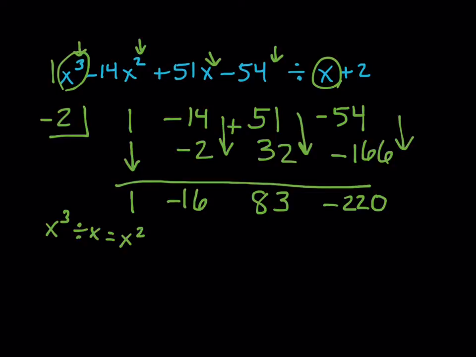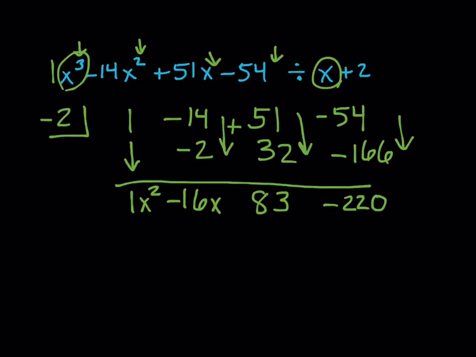So basically we're just dropping down 1 degree when we divide. The new answer is going to start with an x squared, and then I just go down in degree for each term. So this is x squared, then this would be an x, this would be the constant, and then this is going to be the remainder.